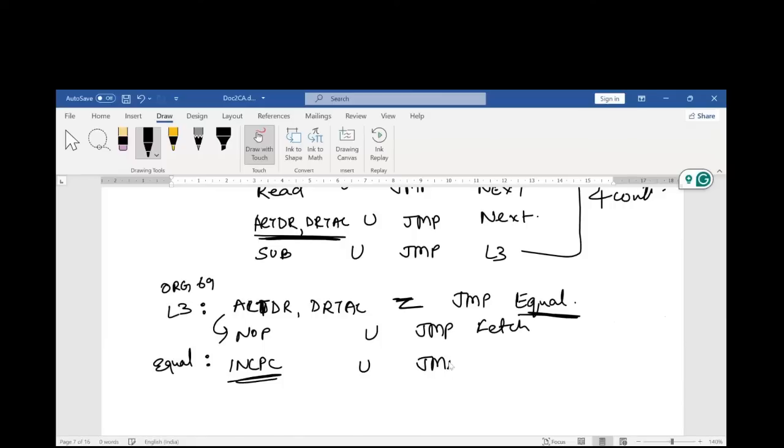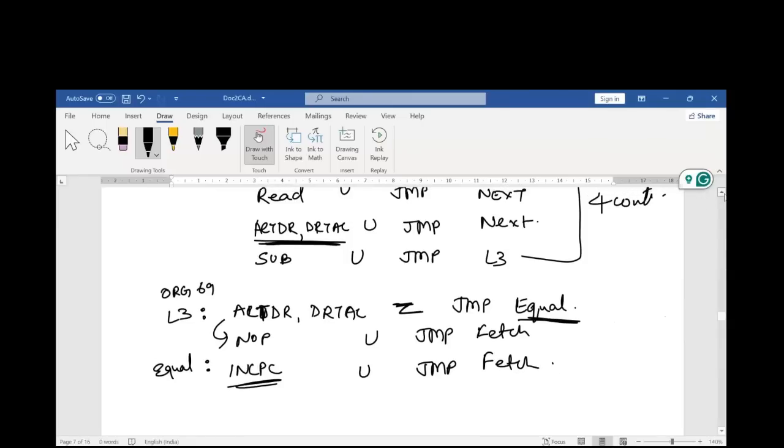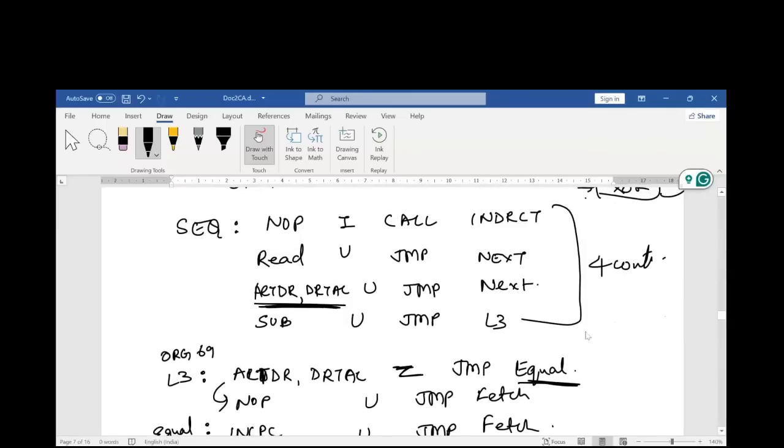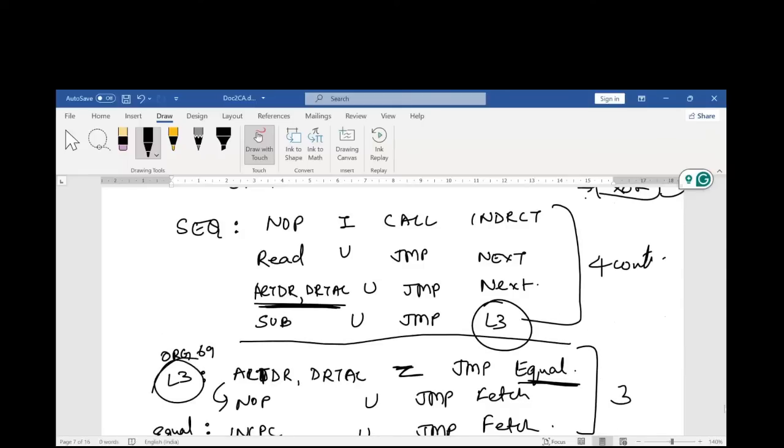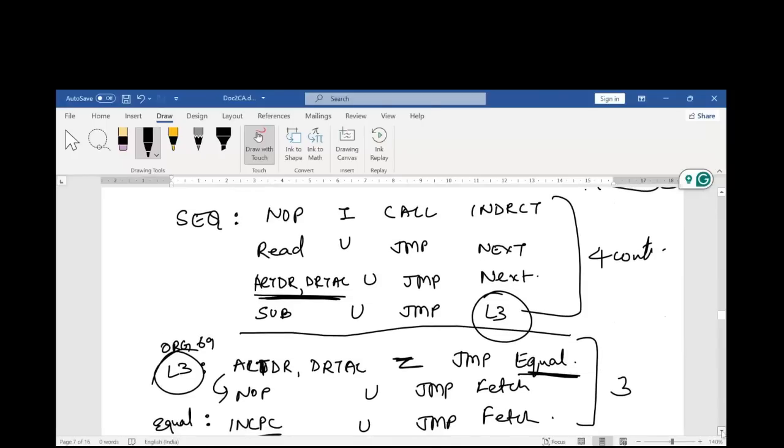So in PC, you jump, fetch. Understood? So now this particular microprogram took 4 plus 3, 7 control words. So we cannot write it here as next, but we made a new label L3 and we wrote the 3 control words separately.